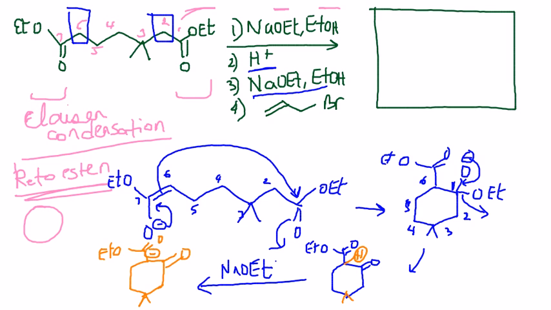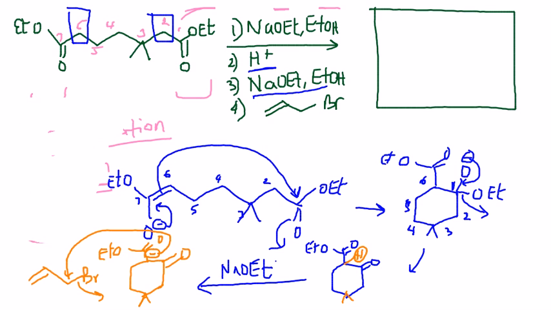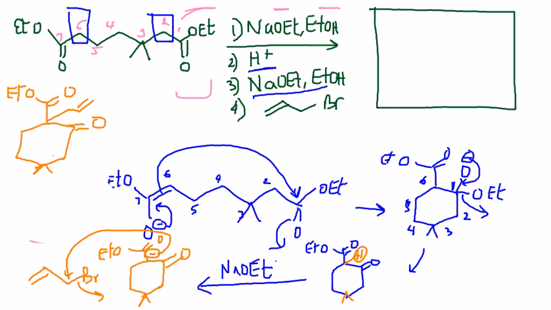So that anion is then going to react with your alkyl halide, and you would have a substituted ring system, new substitution there. So let's just draw that as well. That's going to be our product.